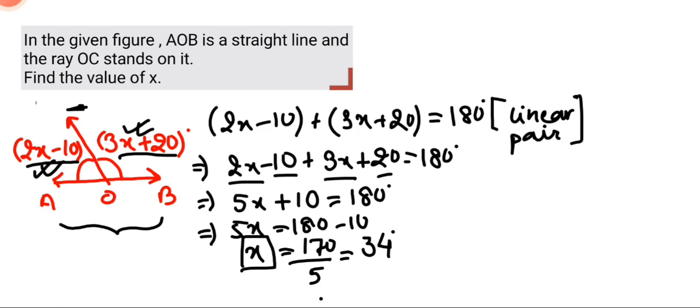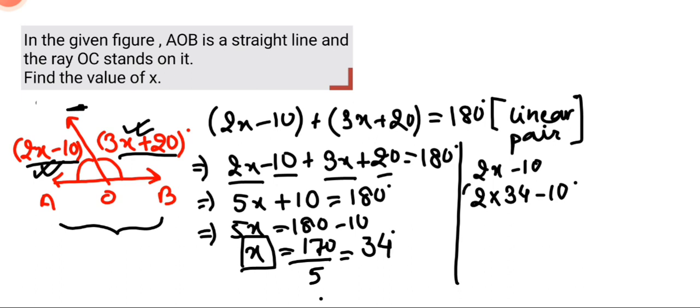Like 2x minus 10 can be written as 2 multiplied by 34 minus 10 degrees, which equals 68 minus 10 degrees, which equals 58 degrees. Clear?